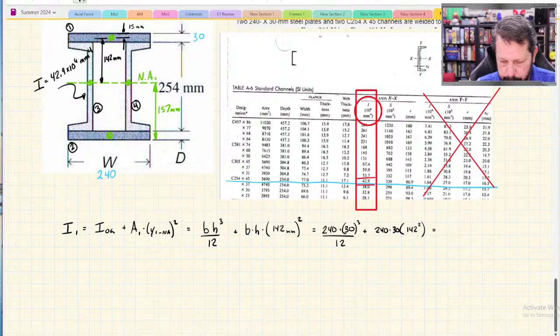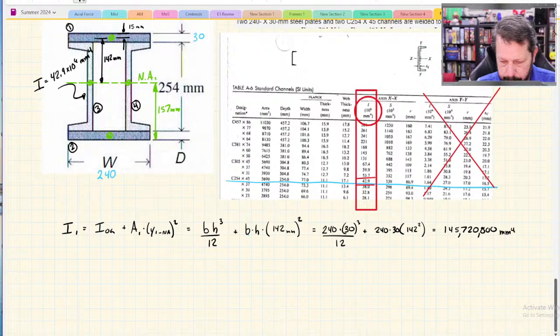So that number is 30 cubed times 240 divided by 12, it's 540,000, plus 142 squared times 30 times 240. The total, if I've done that correct, is 145,720,800 millimeters. Those are all millimeters to the fourth.